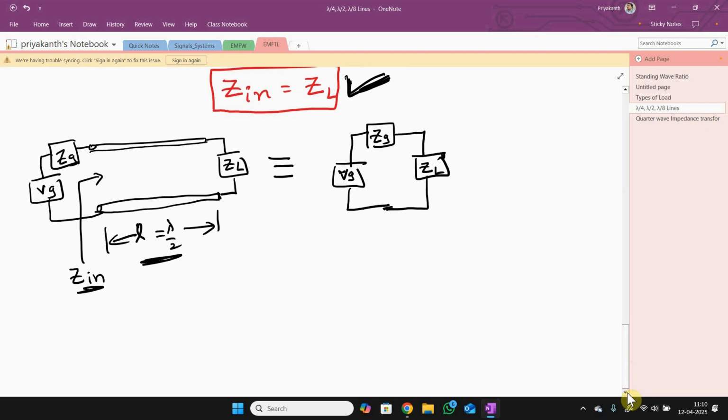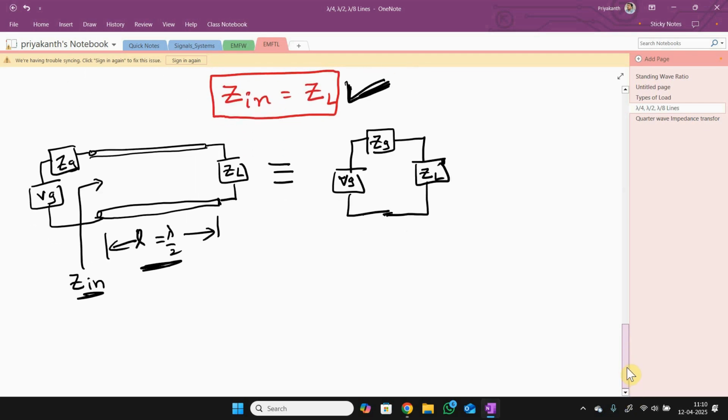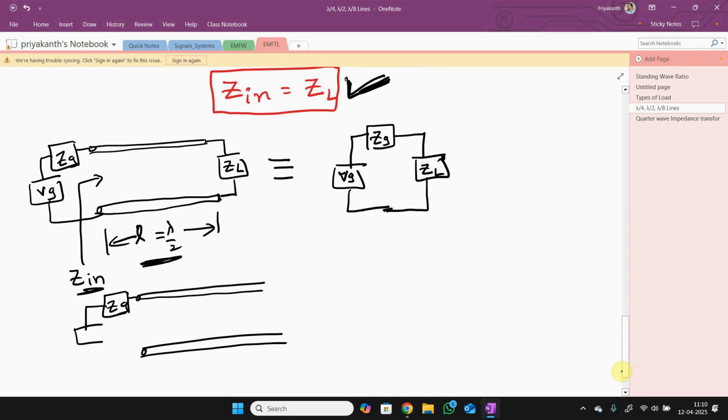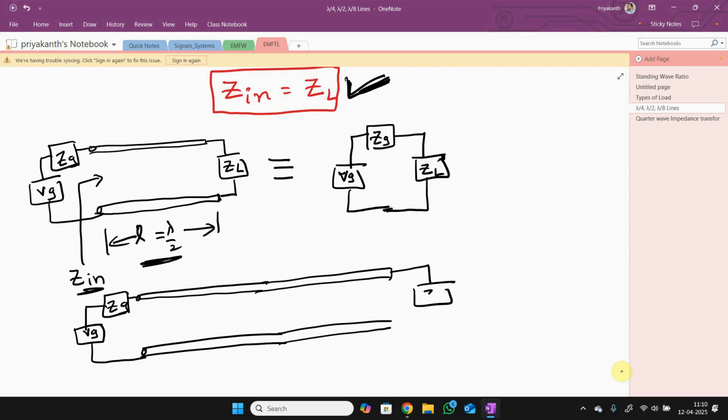So you may ask, sir, then why is there a use for this half wavelength transmission line? I'll tell you one application. Just assume that there is a transmission line connected to the load. Maybe I'm drawing the same diagrams repeatedly, but they're needed.